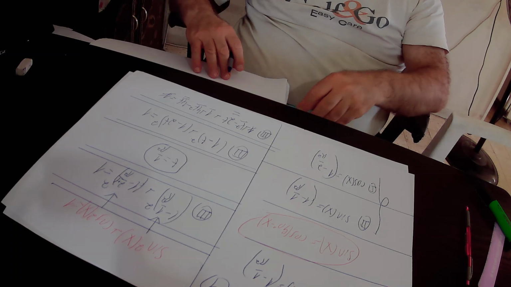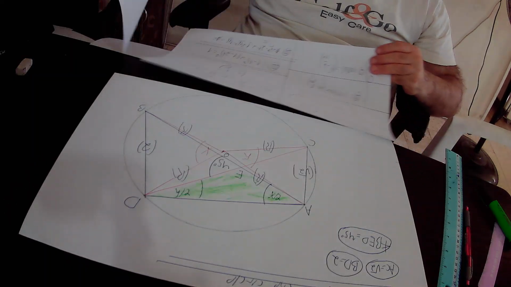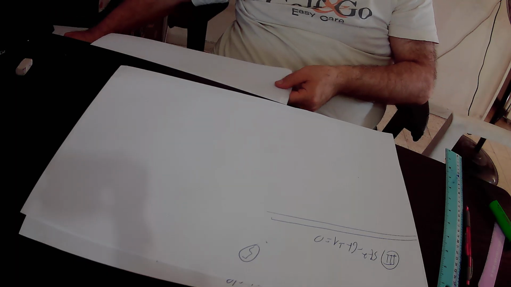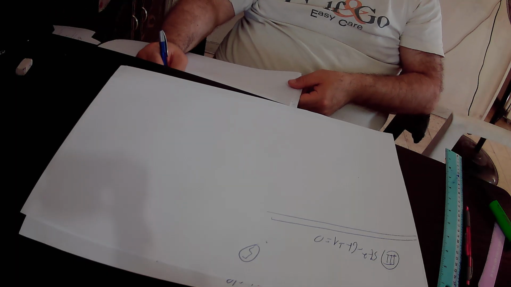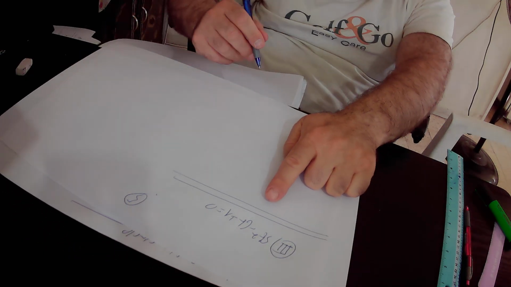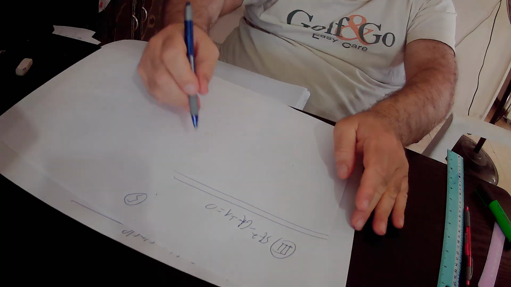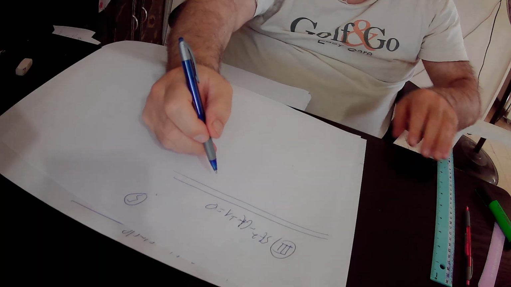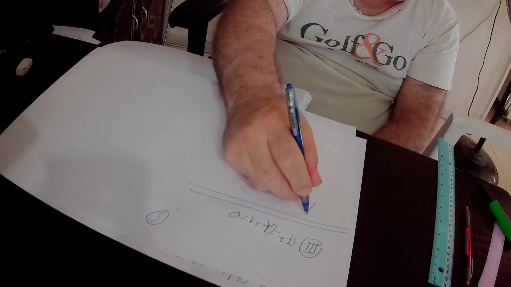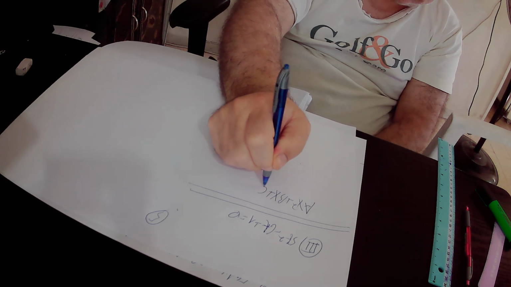So we found out that according to equation 3, 5t squared minus 6t plus 1 equals 0. So this is a quadratic equation, and the general formula for a quadratic equation is ax squared plus bx plus c equals 0.